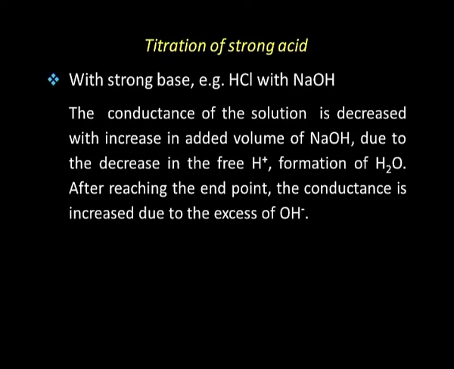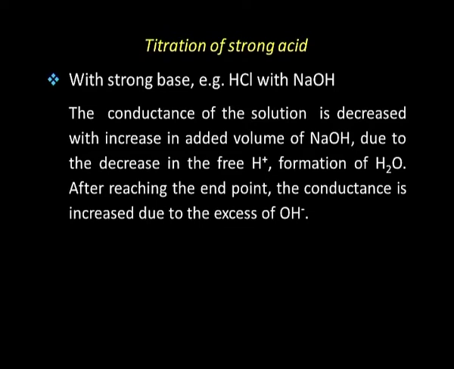We have seen in the table that the conductivity of hydrogen ions is maximum because it is a small ion, and now when we are adding NaOH, these hydrogen ions are consumed and the conductivity is slowly decreasing. The formation of H2O takes place.